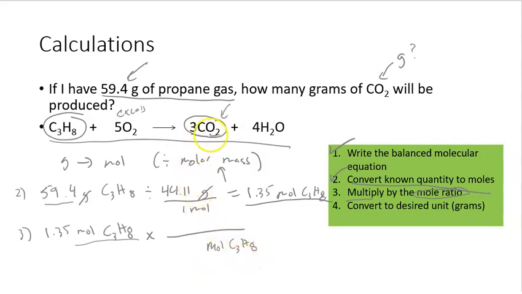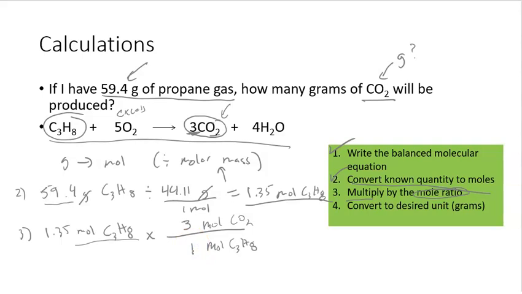The top is whatever we're trying to figure out. So in this case, it would be moles of carbon dioxide because that is what we're looking at. So I'm going to go moles CO2 on top. Now, all I'm going to do is write in the coefficients. CO2 has a 3 next to it. So I'm going to go 3 there. Propane is just 1 mole, so 1.